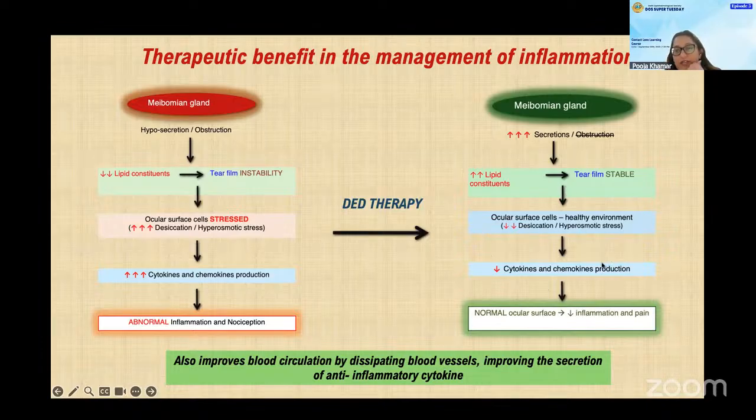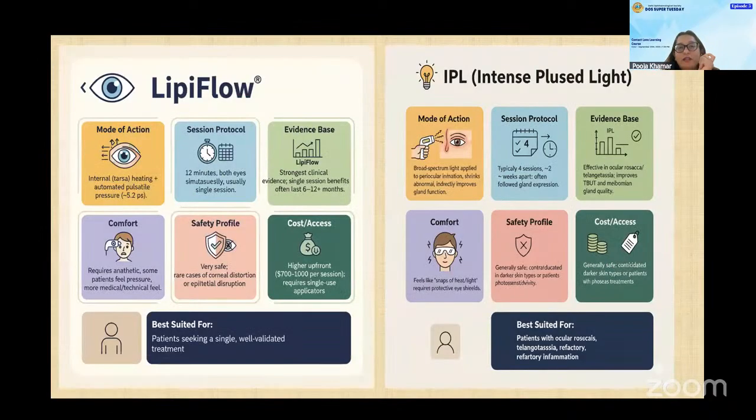It reduces the unhealthy cytokine and chemokine production, giving a normal ocular surface. It also improves the blood circulation by dissipating the blood vessels, improving the secretion of anti-inflammatory cytokines. So doing this dry eye therapy, if you have access to it, or if you have a patient whom you feel will benefit from it, then definitely go for it.